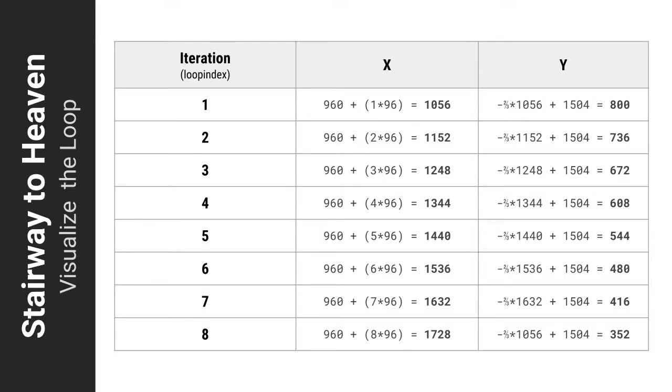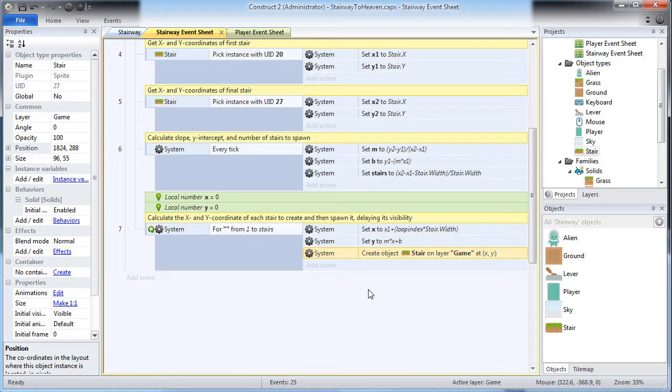Sometimes it's hard to wrap your head around what happens in a loop. So take a minute to look at this table to visualize how the coordinates of each stair are being calculated.